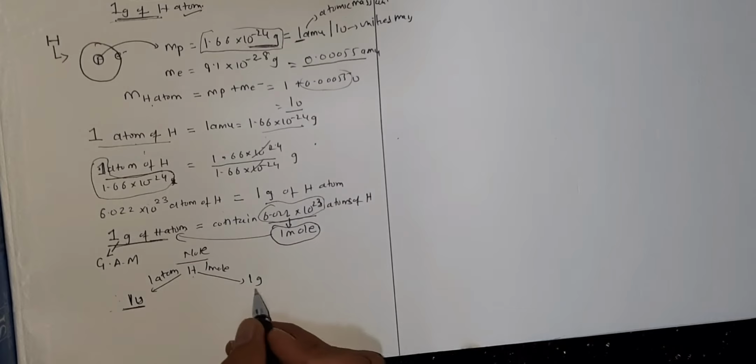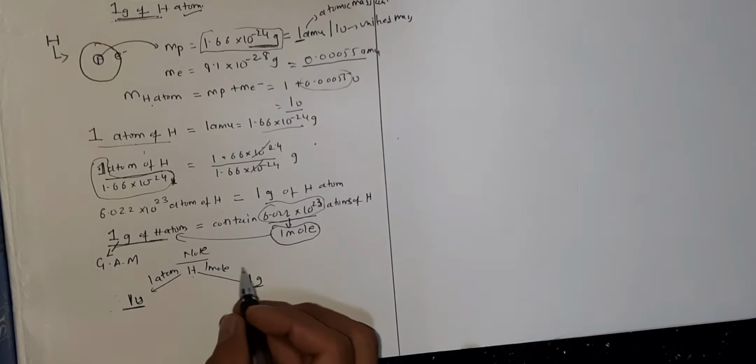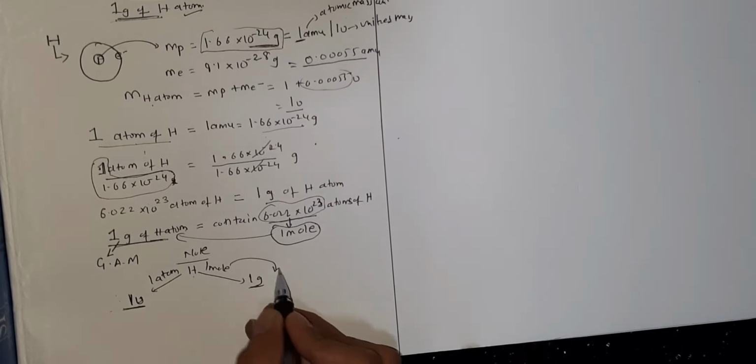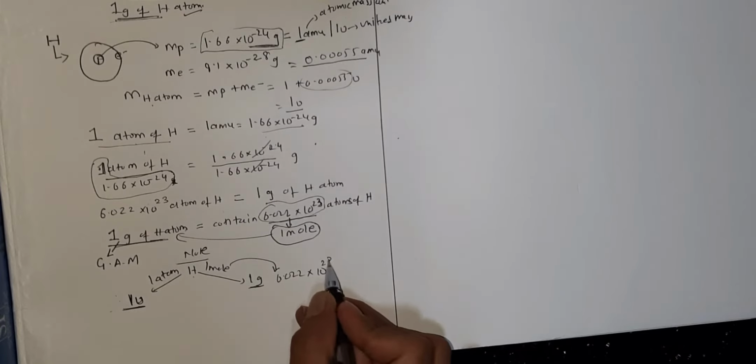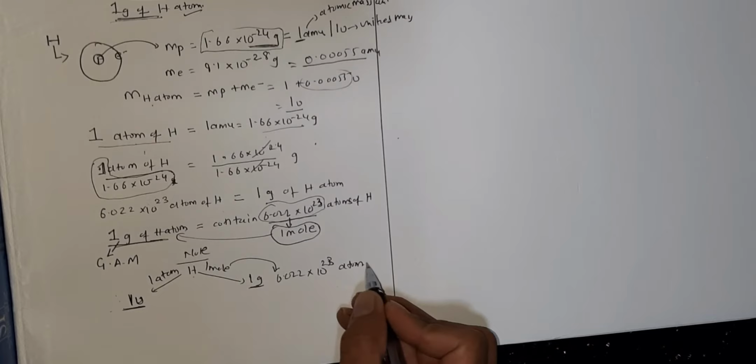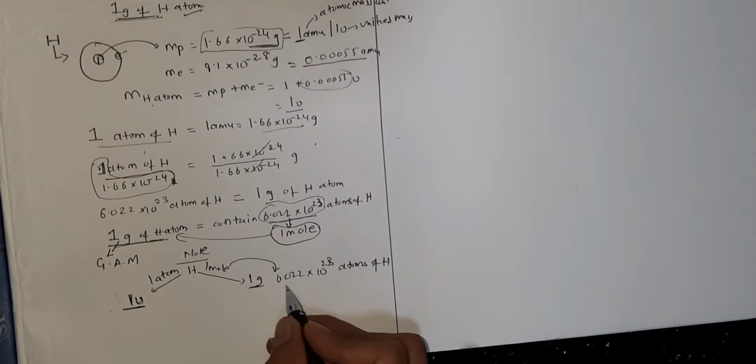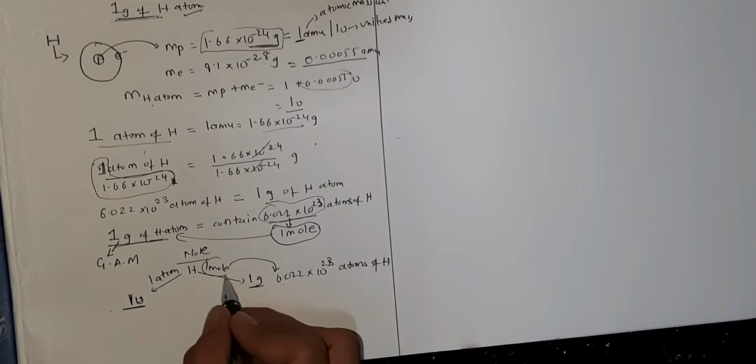And 1 mole of hydrogen will be 1 gram. Now 1 mole of hydrogen consists of how many atoms of hydrogen? 6.022 into 10 raised to the power of 23 atoms of hydrogen. That will be called 1 mole.